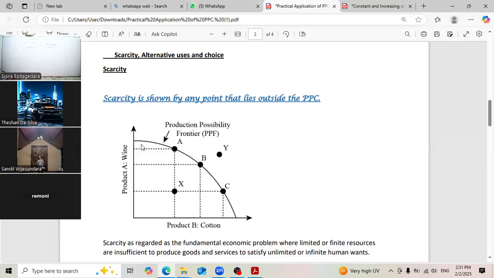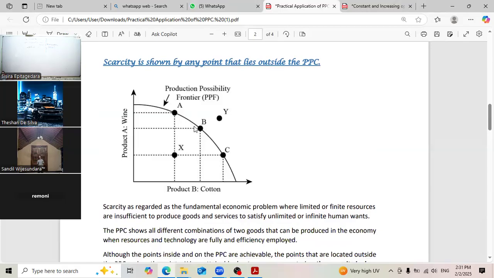Sigma, look at this diagram. What are the points on the PPC? Look at this diagram on page number 2. Production combinations. In this diagram, what are the letters showing? A, B and C. These production combinations are on the line, Lamai.